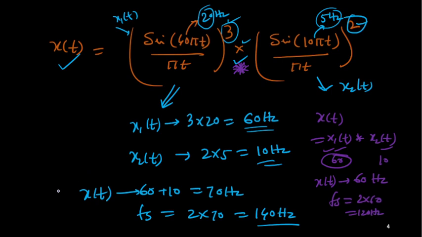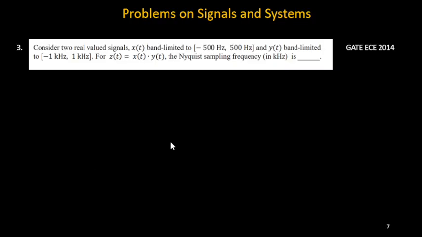Now take one more problem. This is a hard problem. Can you see this one? We have two real valued signals: x(t), which is band limited from minus 500 Hz to plus 500 Hz, and y(t), another band limited signal, from minus 1 kHz to plus 1 kHz. Now z(t) is given as the product of these two.